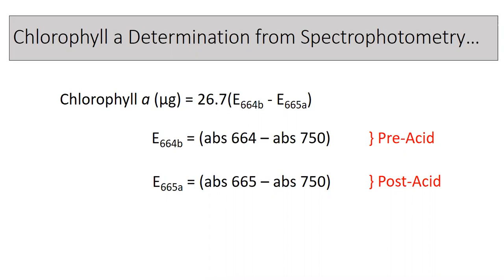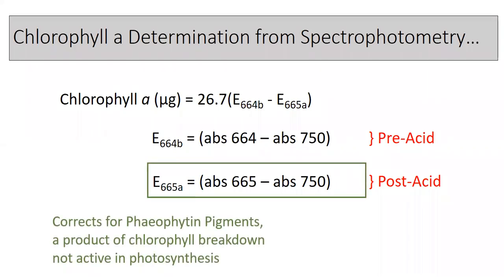You can see there, this will give us chlorophyll A in micrograms, and we get that by multiplying 26.7 times the difference between two quantities. One of those quantities has to do with the measurements of absorbance before we added the acid, and the other one after we added the acid.